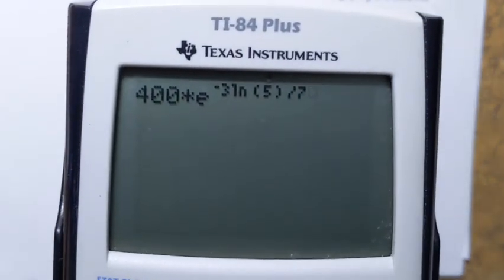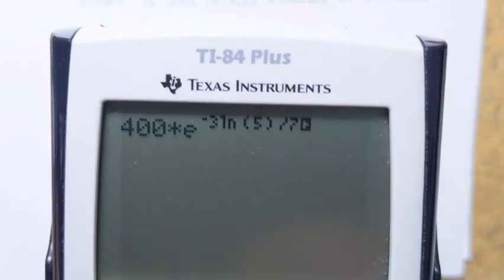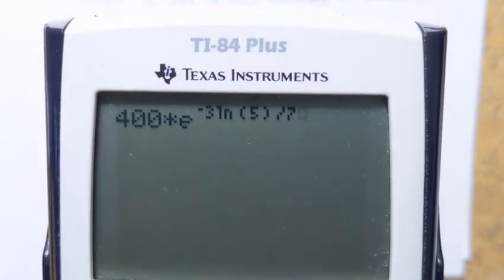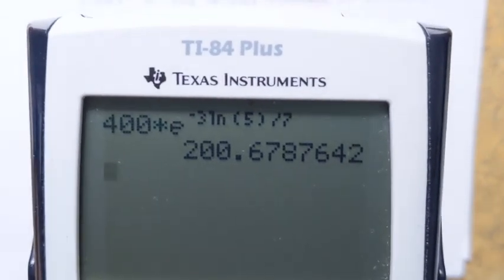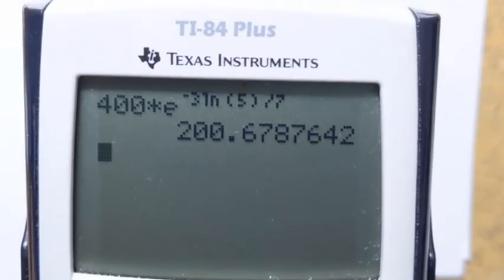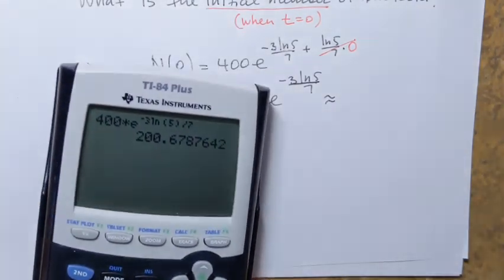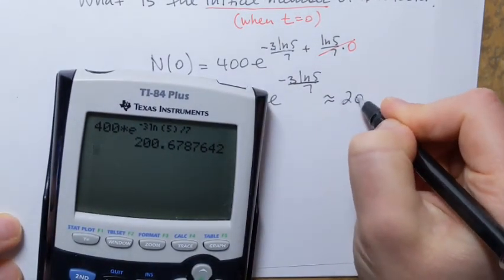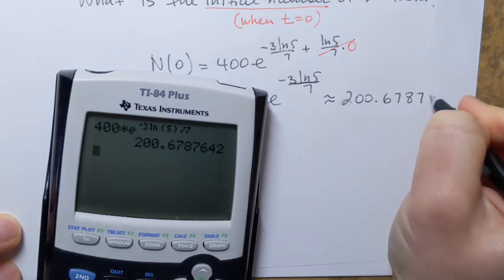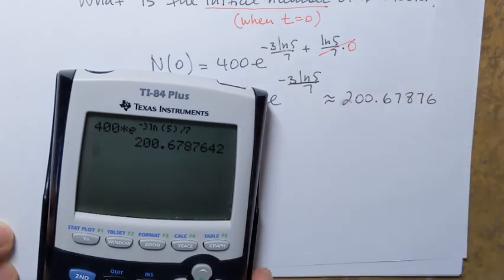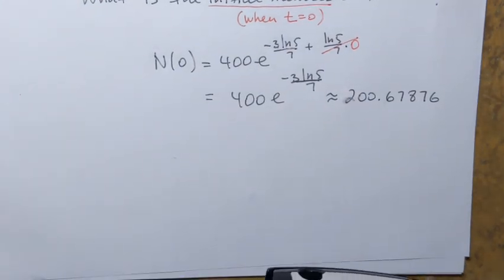So as you can see, I just copied down that expression, and now I'm pressing enter, and that's the answer I'm getting: 200.6787, and so on and so forth. So that's approximately 200.67876. But the question is, to how many decimal places do I want to round it?